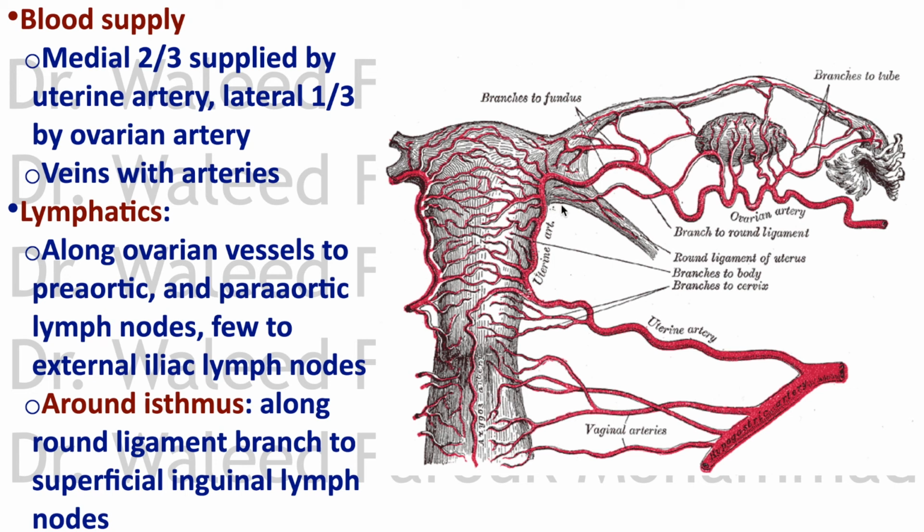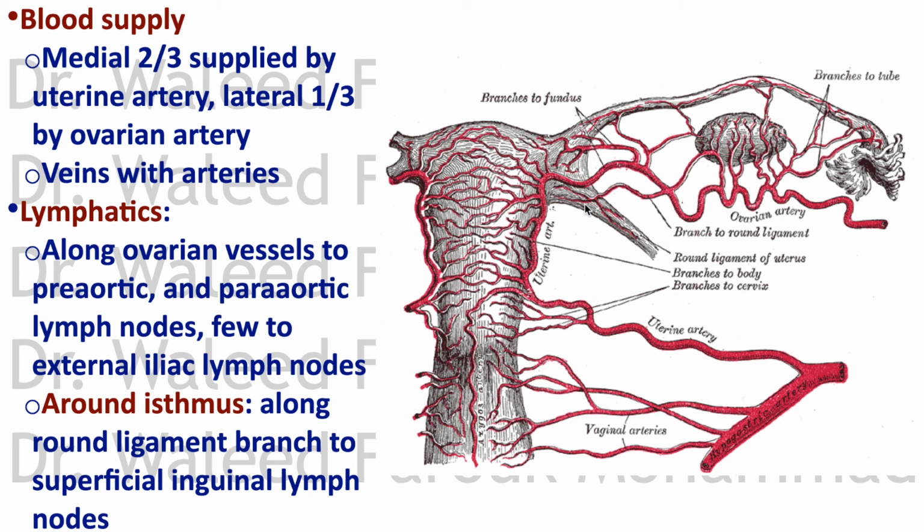Around the isthmus, as I told you before, the lymphatics will go with the branch of the round ligament of the uterus to the labia majora, and this will drain eventually into the superficial inguinal lymph nodes.